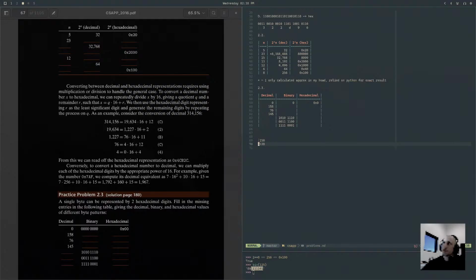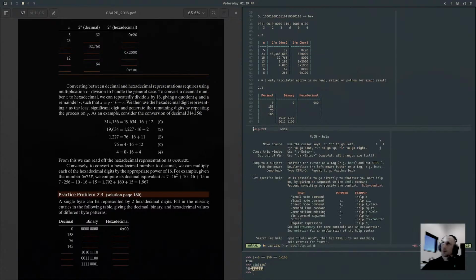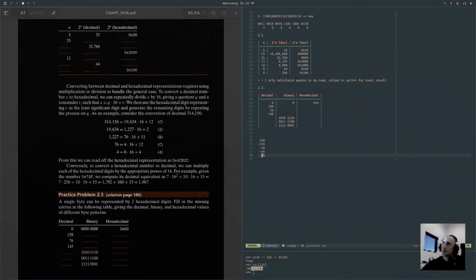And of course, that's going to leave 30 behind. Then we're going to subtract off a 16, which will be a 4 here and a 1 here.